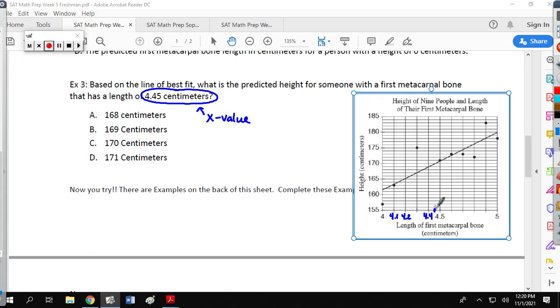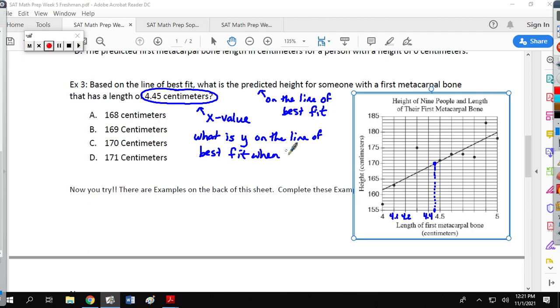So what we do is we trace that up to the line of best fit, and you'll see that I'm drawing a point on the line of best fit because the word predicted, that tells us on the line of fit. So this question is really saying on the line of best fit, what is y when x is 4.45?